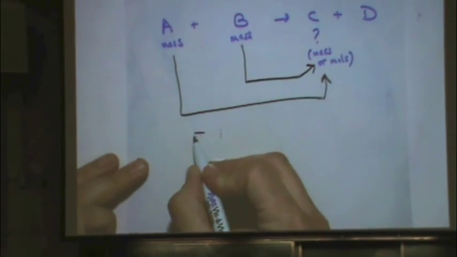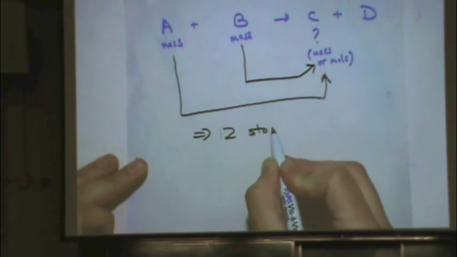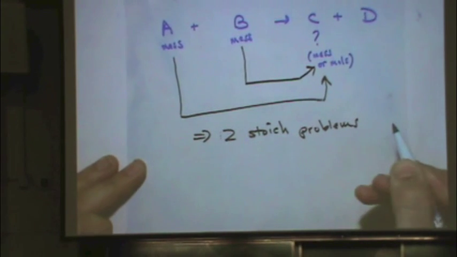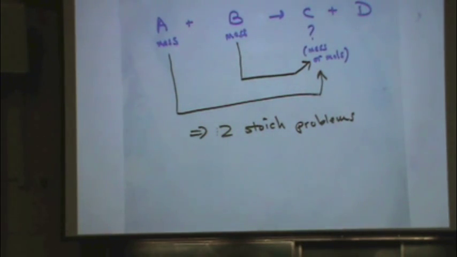We're going to do here two stoichiometry problems. So it's stoichiometry, but double. If you really like stoichiometry, now you get to do it twice as much, and it's that much more fun. You're just going to go through it twice.